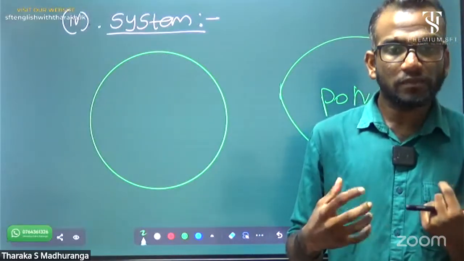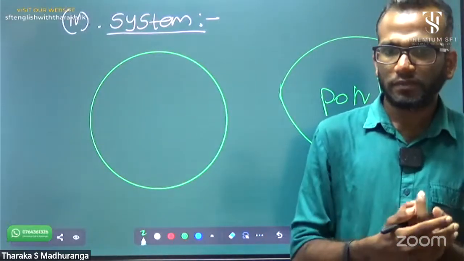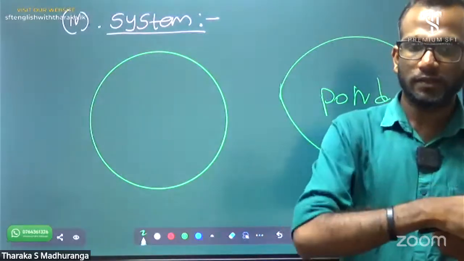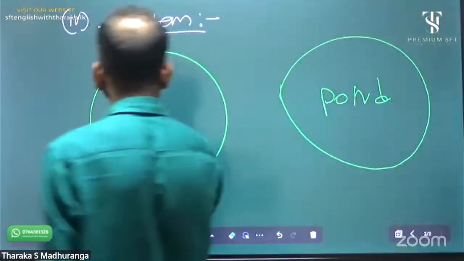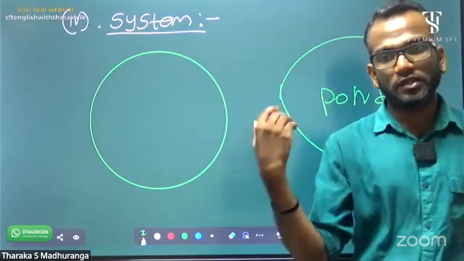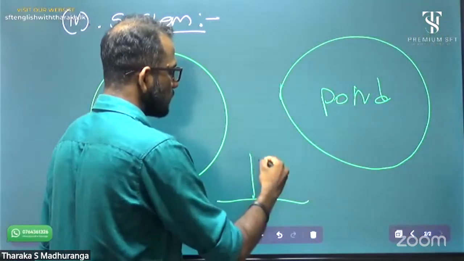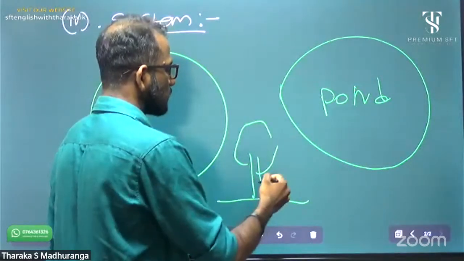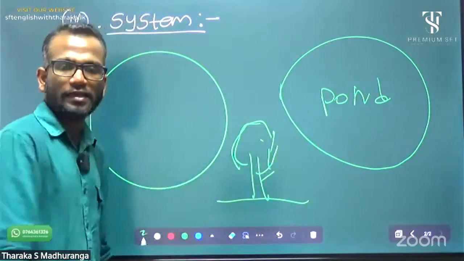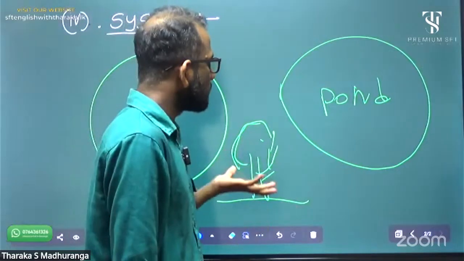What's the meaning of system? It's a selected area from the universe for a particular study. Take another example. You're doing an experiment about plants, a local plant, studying nutrition requirements or some disease.